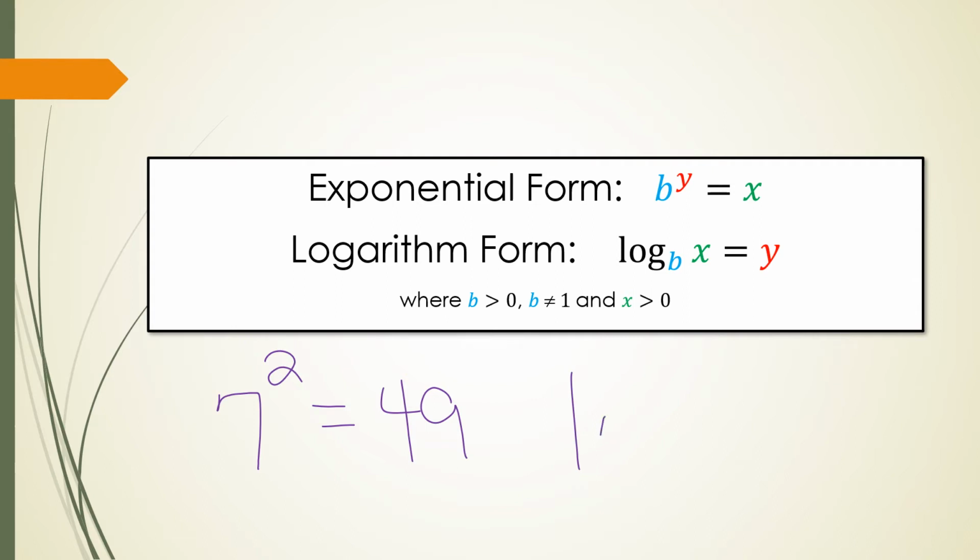So I'm going to do log. Here's my base. The base is 7. And when I use the base of 7, I got an answer of 49. What is its exponent? 2. So that is why the answer to a logarithm is the exponent used in exponential form.